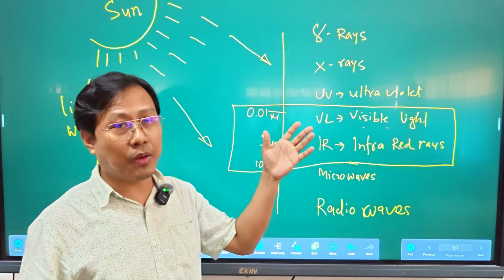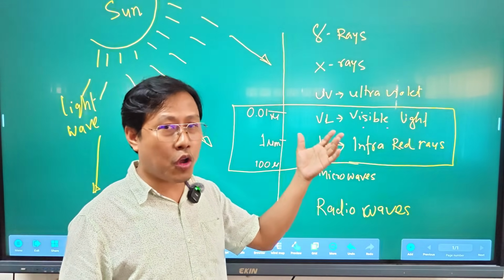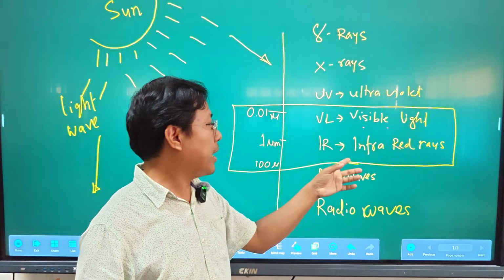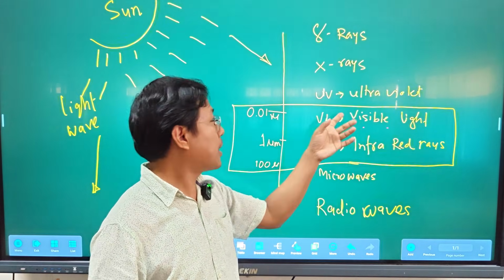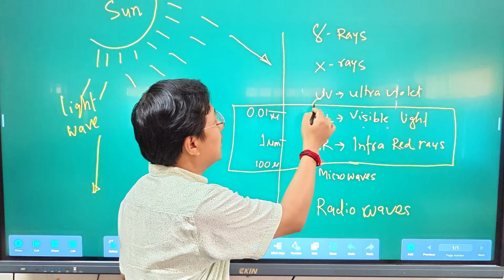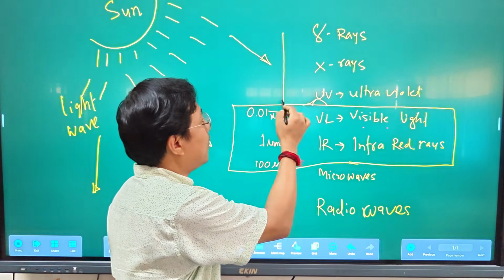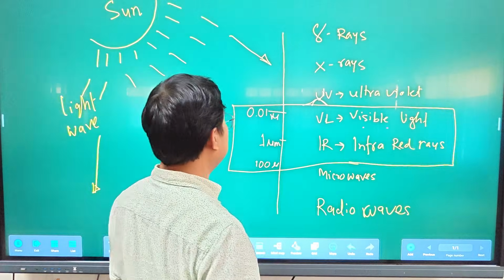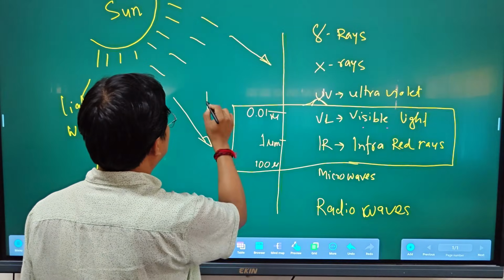The main waves which are the cause for radiation heat transfer are visible light and infrared rays, and some portion of the UV light also provides heat transfer, and this heat transfer is called thermal radiation.